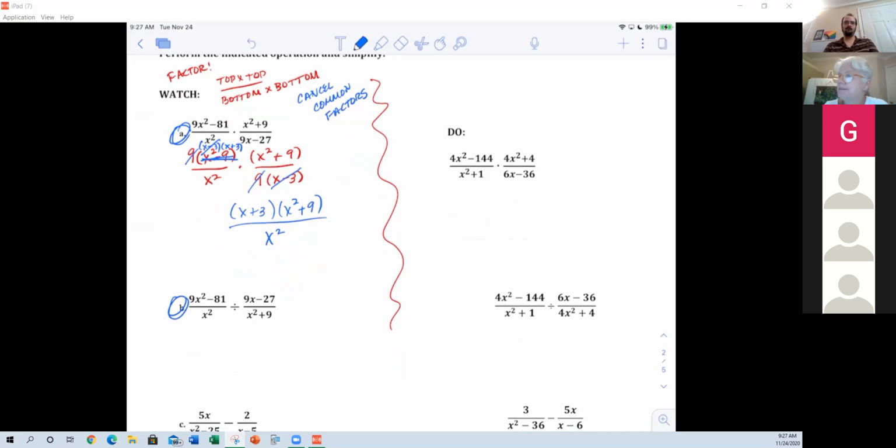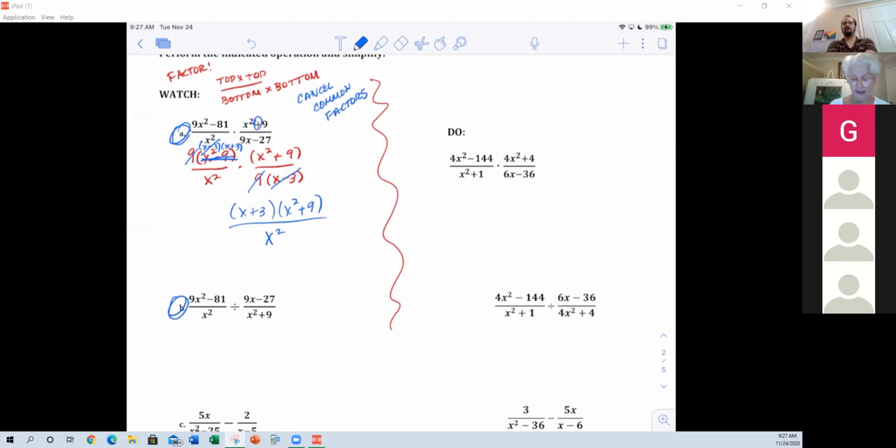So we don't factor x squared plus 9 because it's prime. Yes, it's got a plus in between it. So in order to factor that, we'd have to use imaginary numbers. And in this section, we're only working with real numbers. You're not going to have any i's.